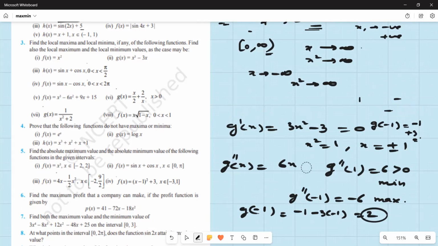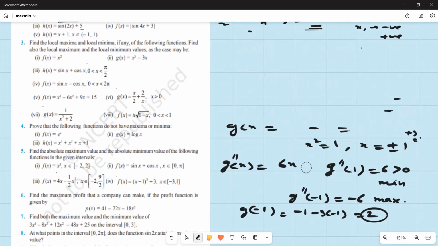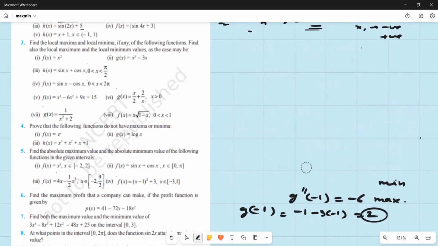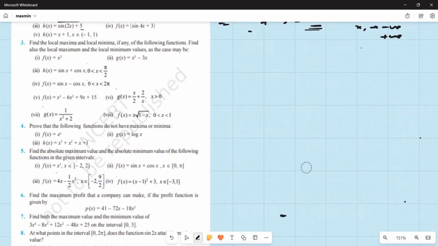Next question is h(x) that is equal to sin x plus cos x. So what is the derivative of this? cos x minus sin x.